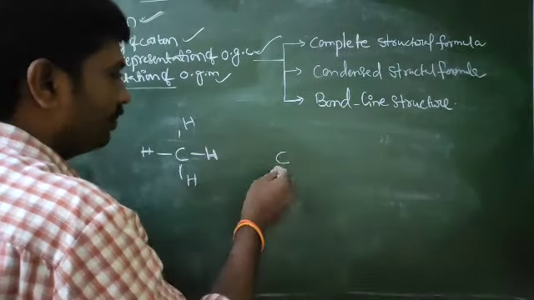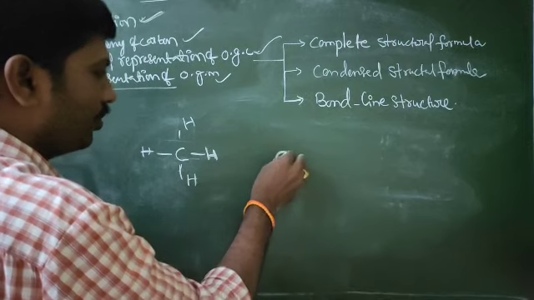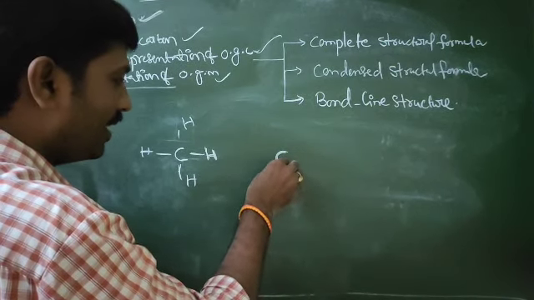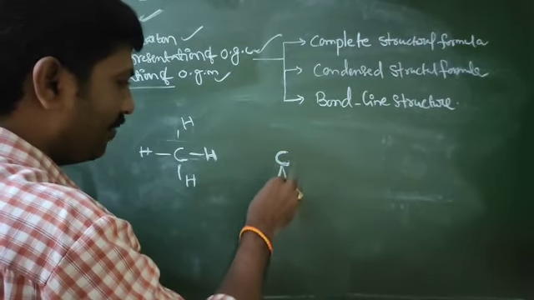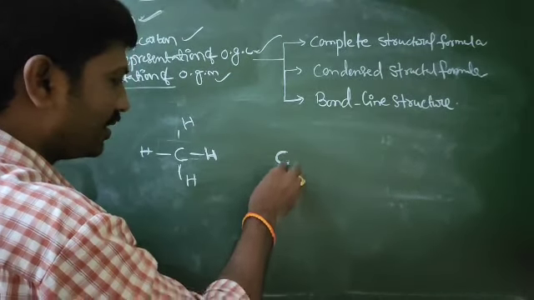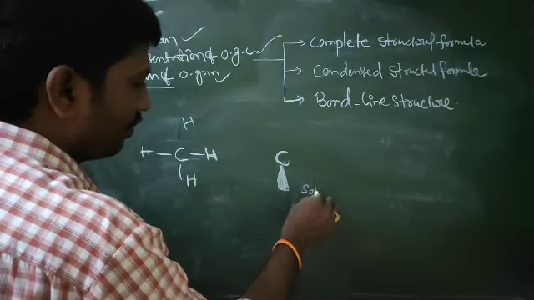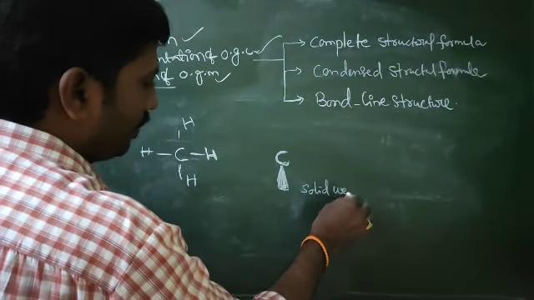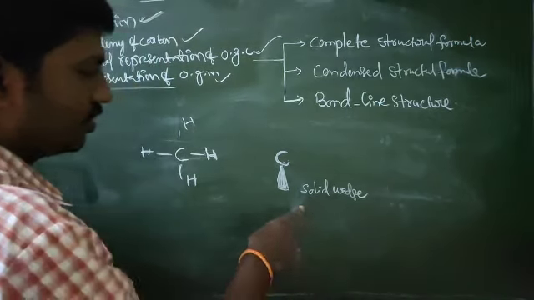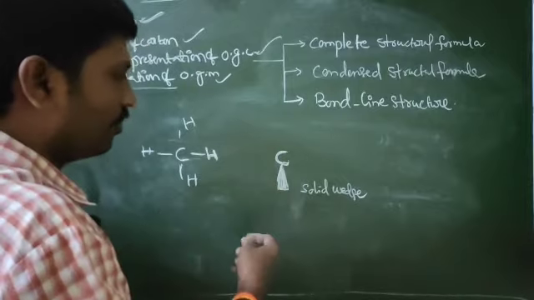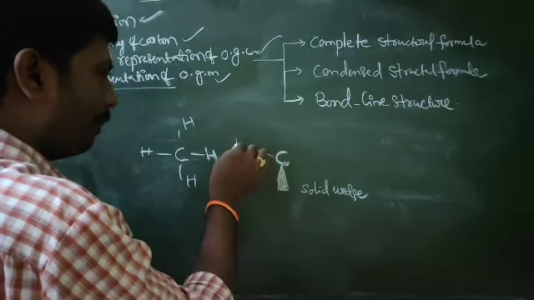The atom near to the observer we will write as a solid wedge, wedge bond, solid wedge. This is near to the observer. This is a plane.